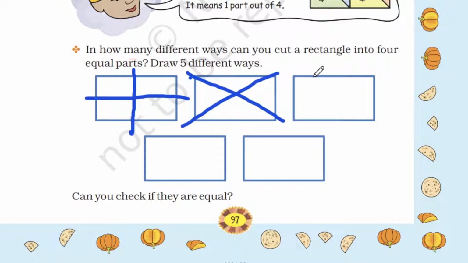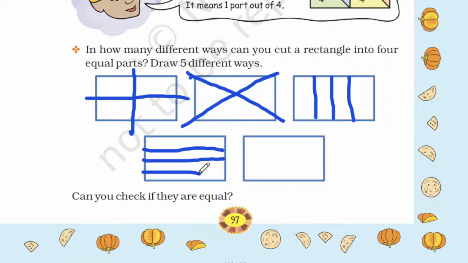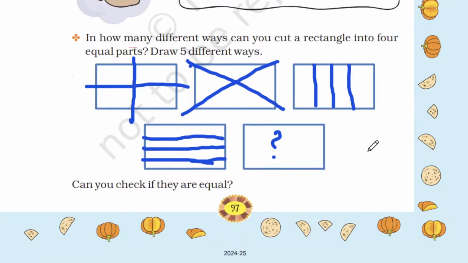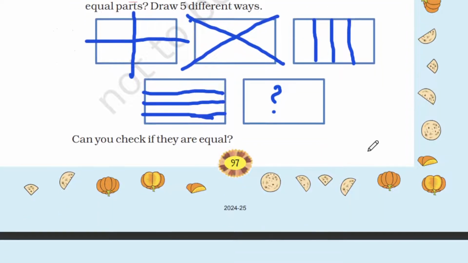And also you can do like this. And you can draw a line like this. You get four equal parts. This one you have to do it. So this is going to be very, very simple. All you have to do is four equal parts.